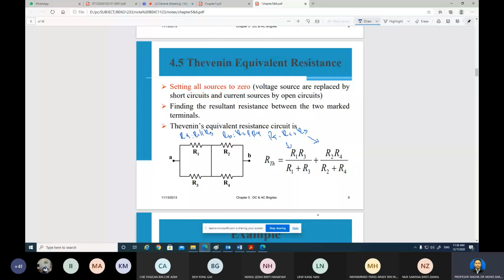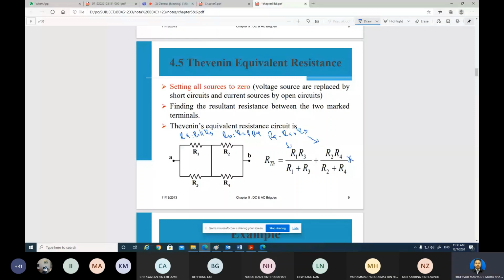This formula calculates the parallel resistance: R1 multiplied by R3 divided by R1 plus R3, plus R2 multiplied by R4 divided by R2 plus R4. This is to calculate the Thevenin resistance. Those are the two values you have to calculate.